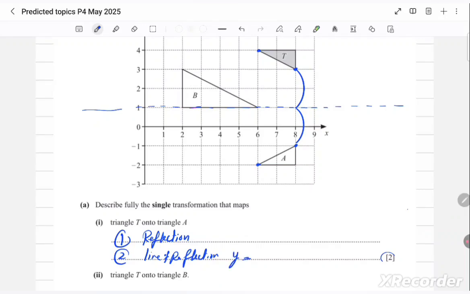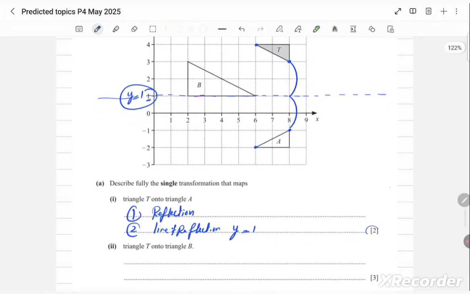This line is y equals 1. This is 2 points. The same for translation. Usual translation is 2 points, but enlargement and rotation are usually 3 points. And I'm going to explain this also. Okay. And in international math, this year we have no stretch.